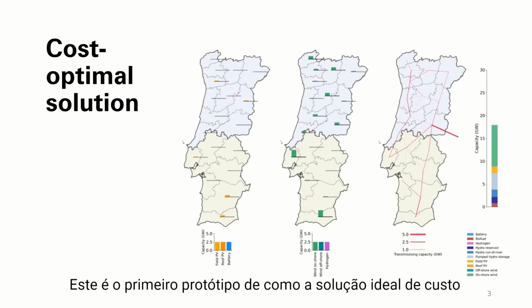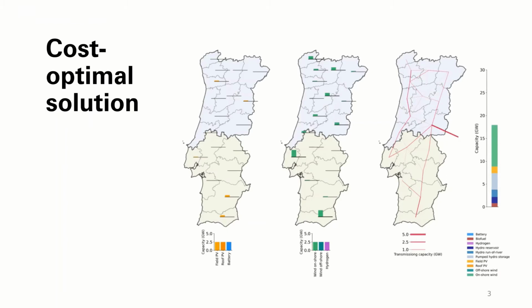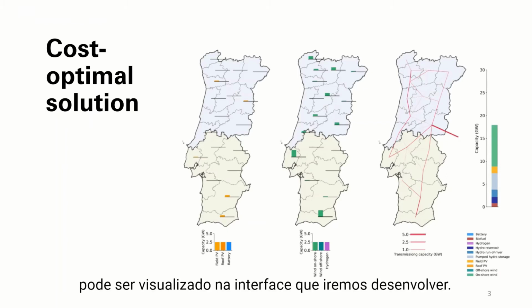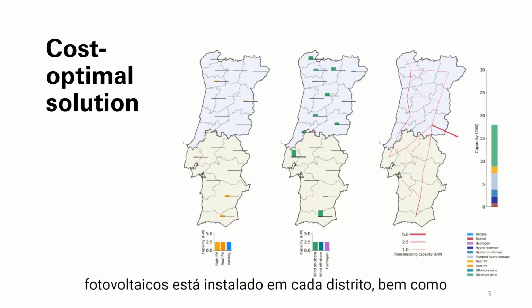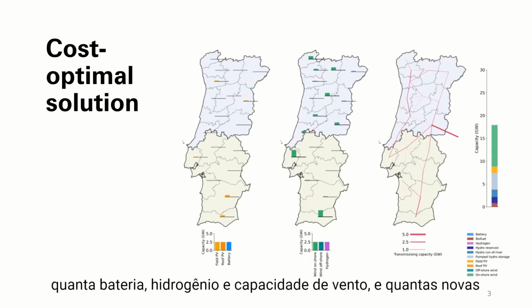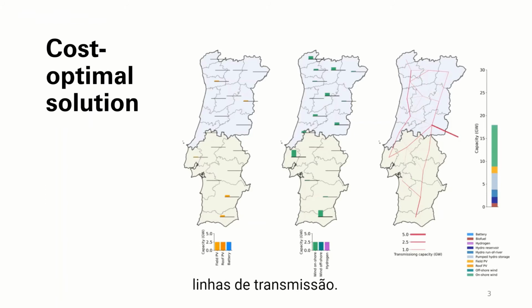This is a first prototype of how a cost-optimal solution could be visualized in the interface that we will develop. You would be able to see how much large-scale and rooftop photovoltaic is installed in each district, as well as how much battery, hydrogen and wind capacity, and how many new transmission lines.